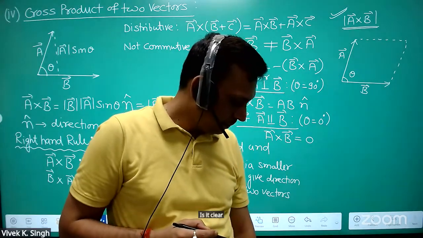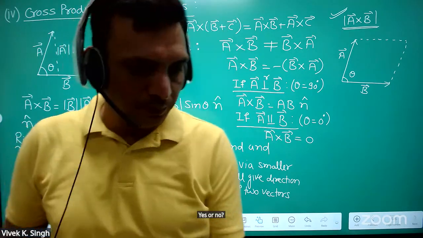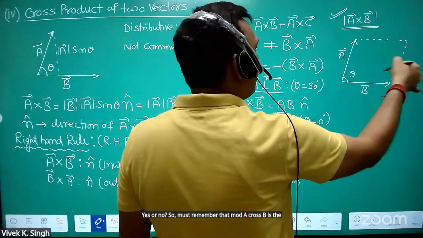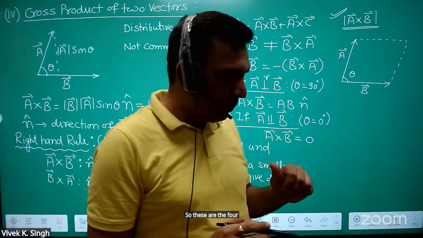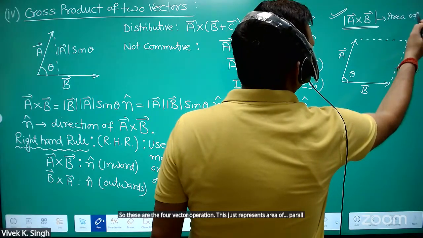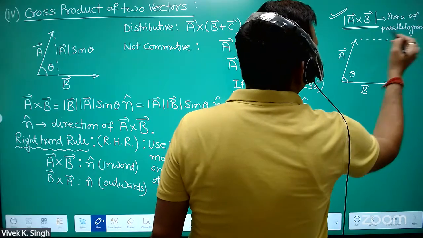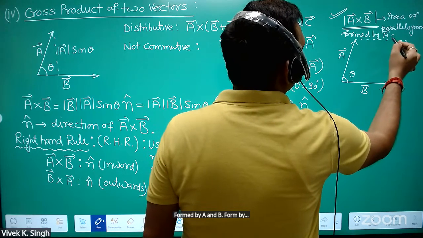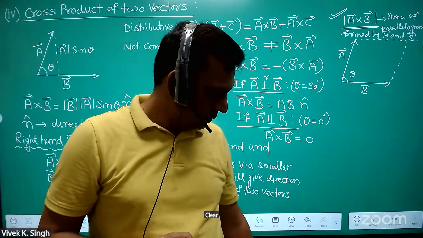Is it clear? Yes, sir. So you must remember that mod A cross B is the area of the parallelogram formed by A and B. So these are the four vector operations. Clear? Okay?